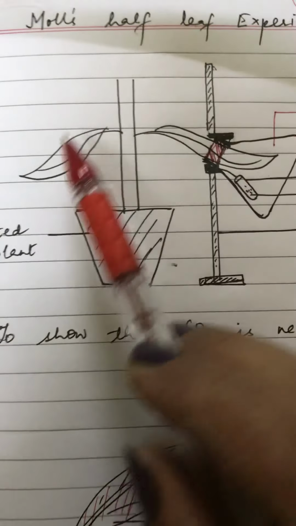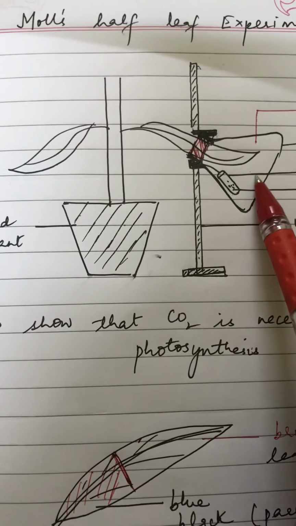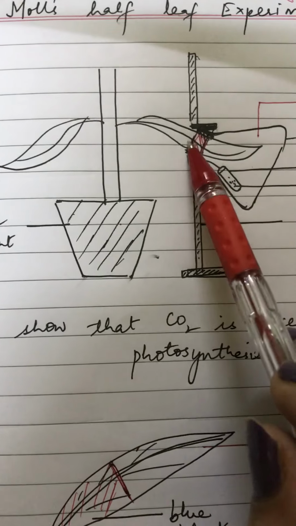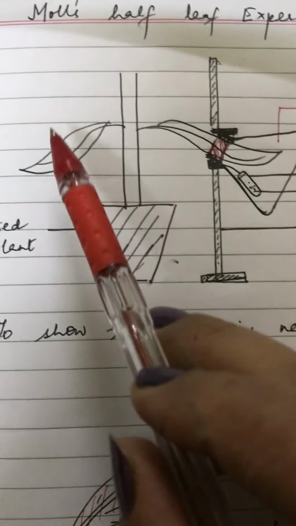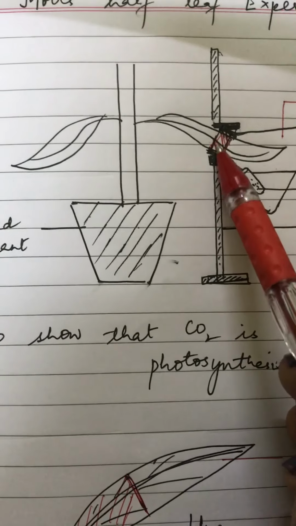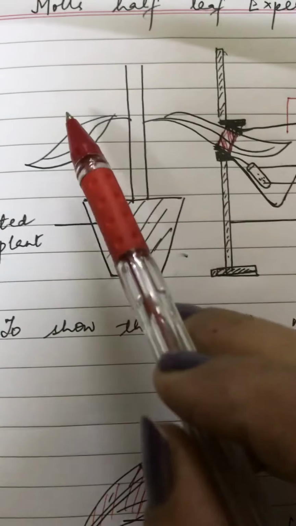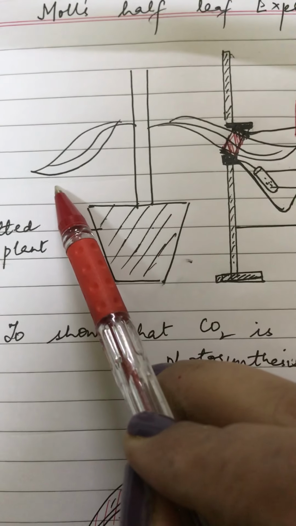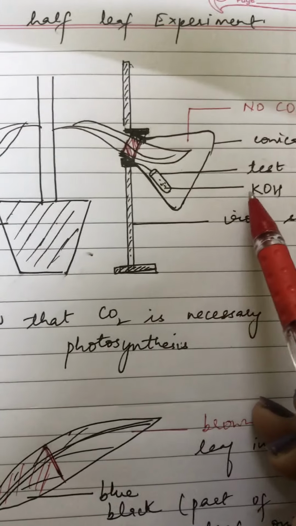So I told you, one, you might get Moll's half leaf experiment only, or you may get this whole leaf inside the flask and this normal leaf being taken as a control, or you may get this whole leaf inside the flask and this one also inside another flask where instead of KOH water is there.